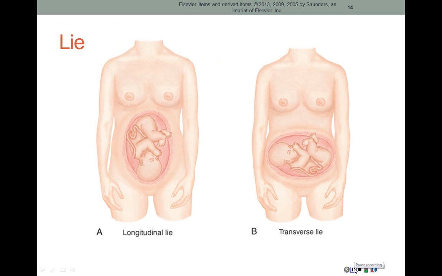Now, lie just describes what position baby is in. Longitudinal is when baby is in the top to bottom position. Head is down, butt is up. Transverse is when head and butt are going side to side instead of up and down.